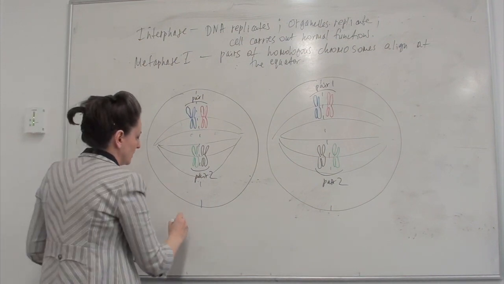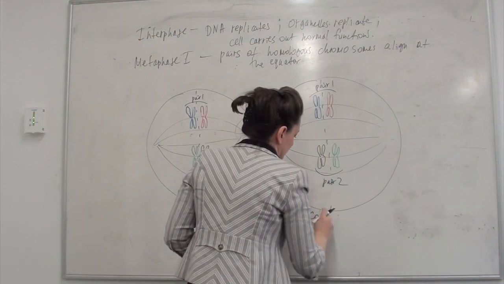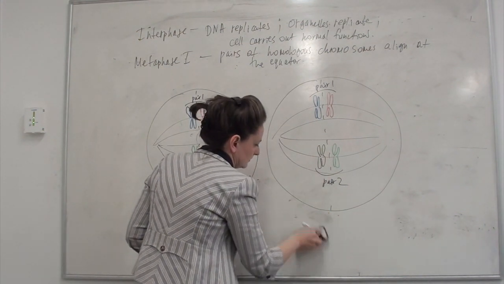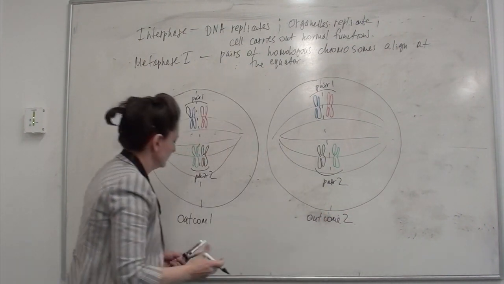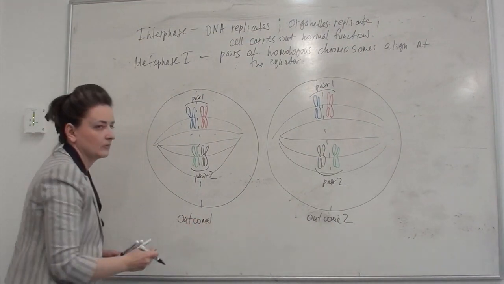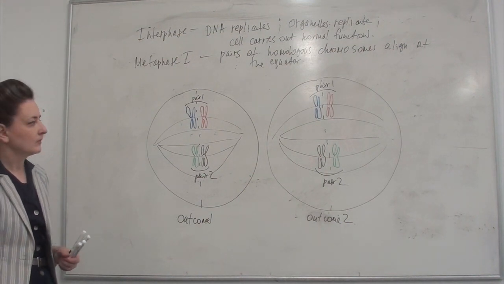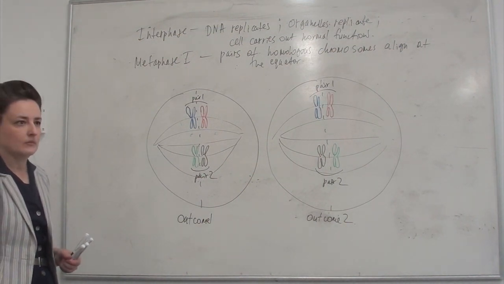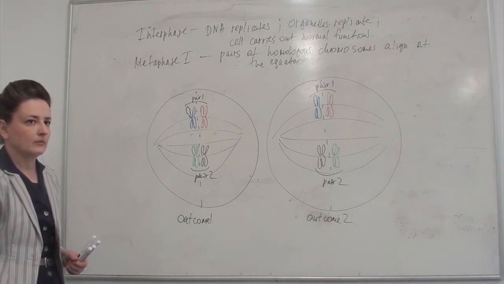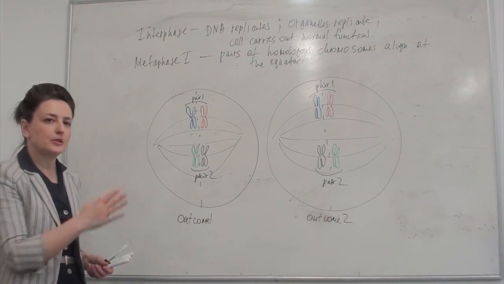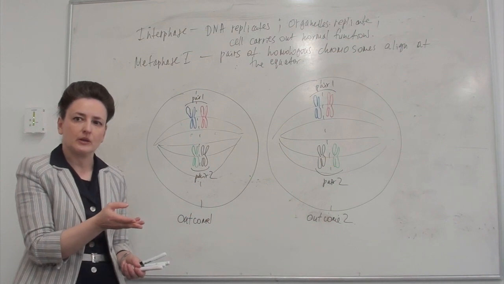So this is outcome 1, and this is outcome 2. So can you appreciate that these two diagrams would lead to different end results? Can we see that? Yeah?